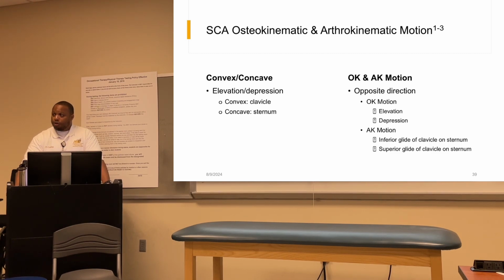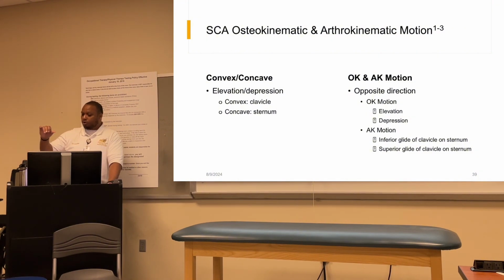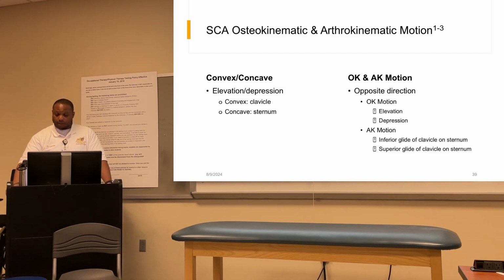So therefore, your OK and AK are going to be in the opposite direction. So with elevation, you're going to have an inferior glide of the clavicle on the sternum. So this would have to occur with shoulder elevation. So with shoulder elevation, an inferior glide of the clavicle on the sternum has to occur. And you're going to be shown how to assess the inferior glide of the clavicle on the sternum. With depression, a superior glide of the clavicle on the sternum has to occur.